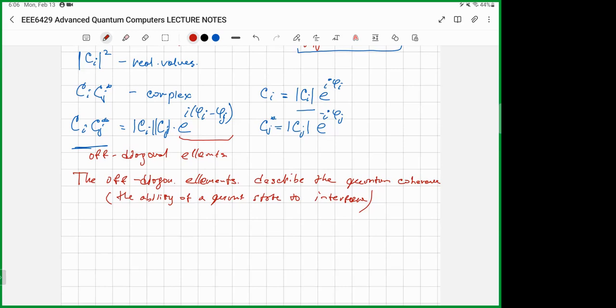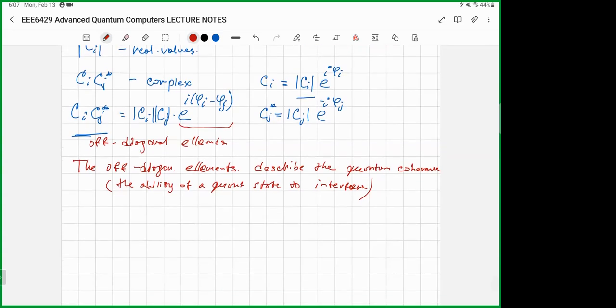And the coherence here means that if the system, for example, is in the state 1, this state affects the probabilities of finding the system in the state 2, etc.